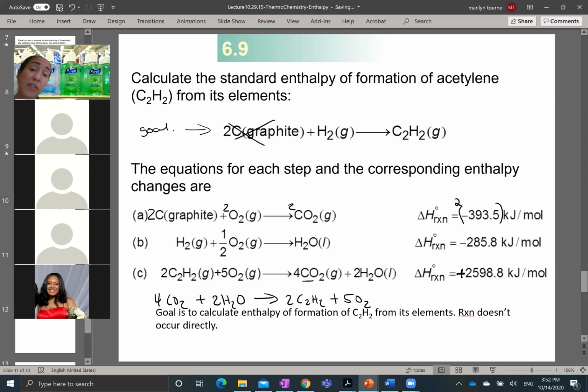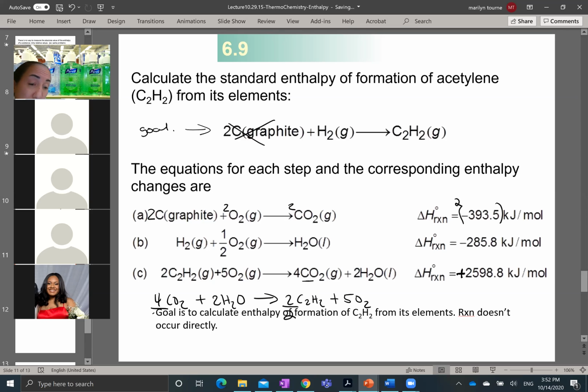Like you said, there's 1 mole in the goal, and here I've got 2 moles. So I have to do what? Divide by 2. So if you divide by 2 to get to the 1 mole, you have to do it to everybody.